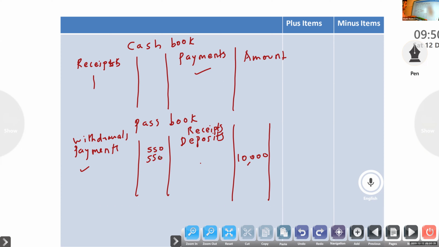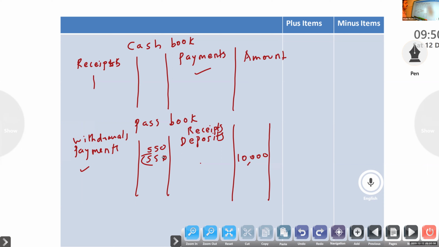Two times we recorded the payments. Then our passbook increases or decreases? To find the balance, 10,000 minus 550 minus 550. Correct only 550 you have to minus, then our passbook balance will be more. But they recorded twice. So passbook decrease or increase, Sharath Anil?